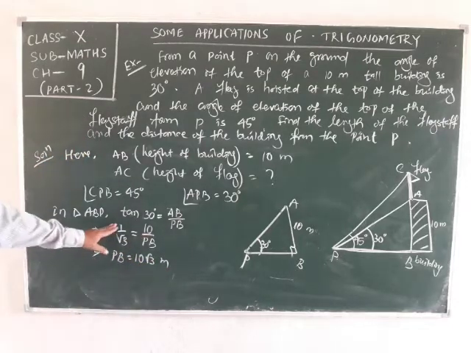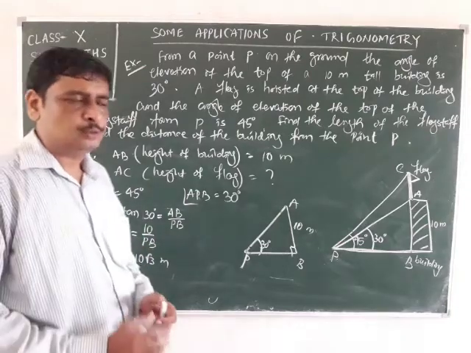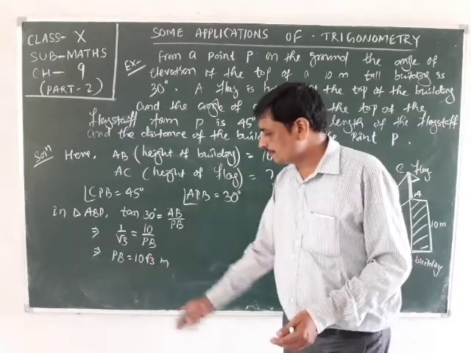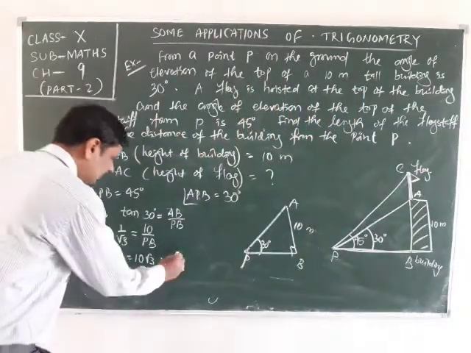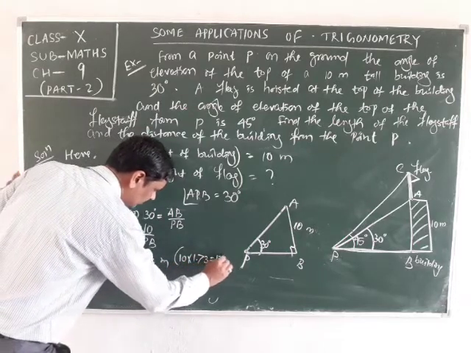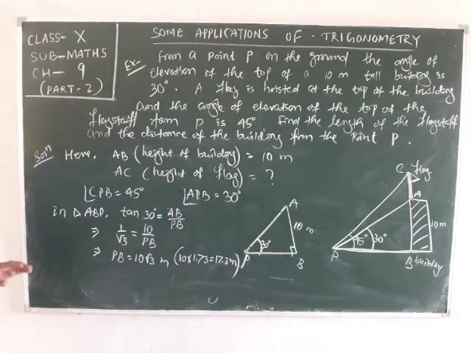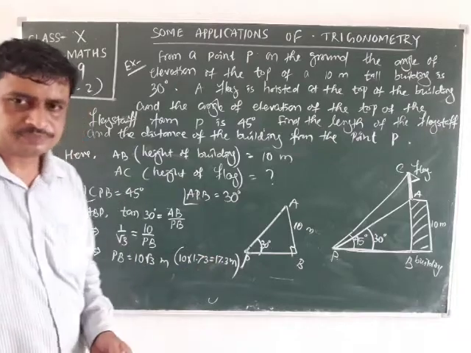Now we can put the value of root 3 as 1.73 and multiply with 10 to get 17.3 meters. Or you can leave it as 10 root 3 meters also.